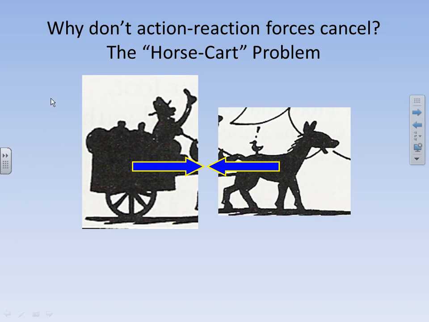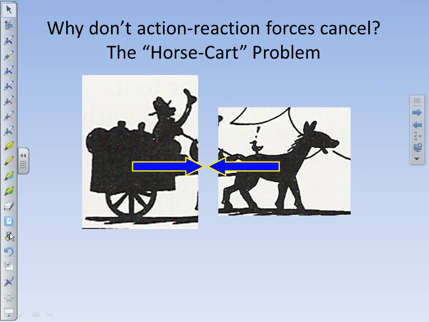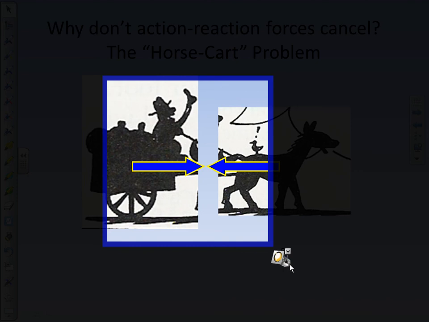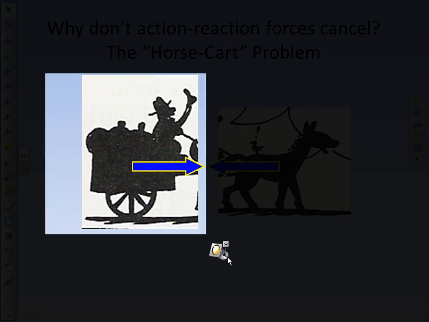All right, so let's go here. Change this to a rectangle, and let's move it here. So there's the cart. How many forces does the cart have on it? One.